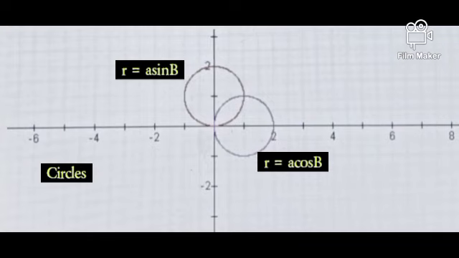In particular, the circle shown in the graph has polar equation r equals 2 cosine b. In general, the polar equation of the form r equals a cosine b is a circle passing through the origin and symmetric with the horizontal axis with diameter of a.